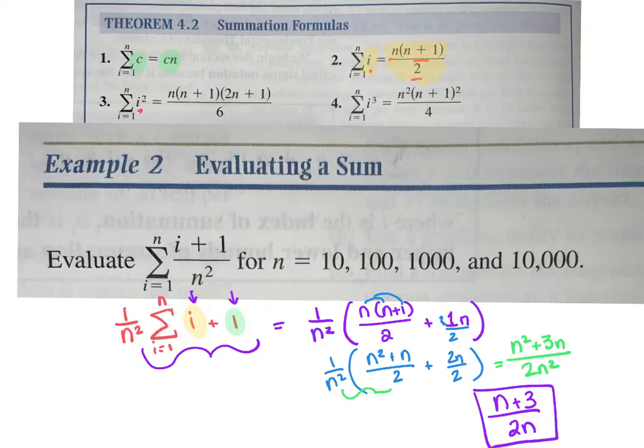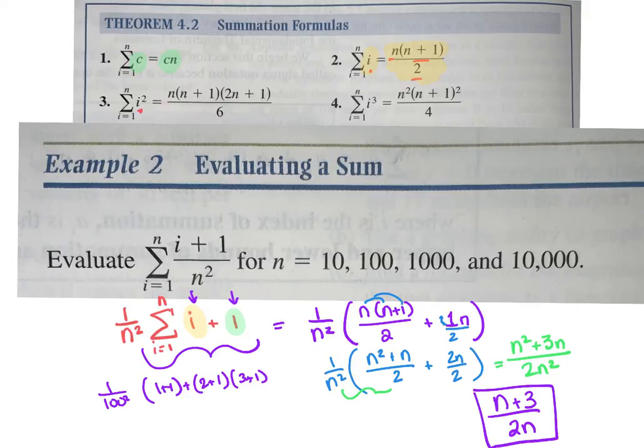How does this help me? Well, if I wanted to add up all, let's say my n was 100. Instead of saying 1 over 100 squared plus 1, plus 1 plus 2, plus 1 plus 3, plus 1, from that to 100, that's not fun.